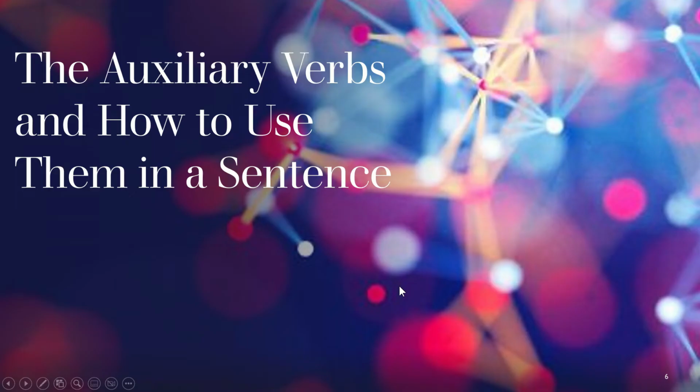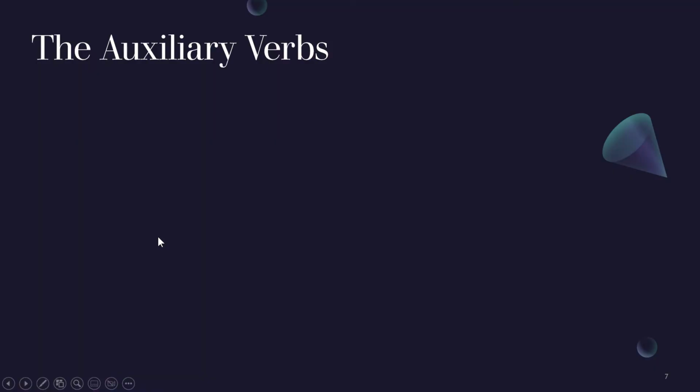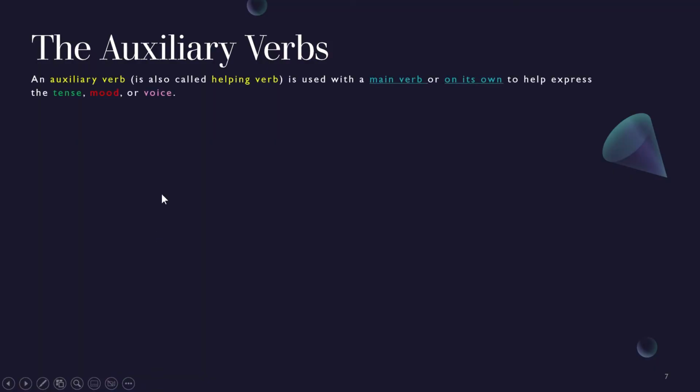And now let's talk about the auxiliary verbs and how to use them in the sentence. What's an auxiliary verb? An auxiliary verb is also called the helping verb, is used with the main verb or on its own to help express the tense, the mood, or the voice.